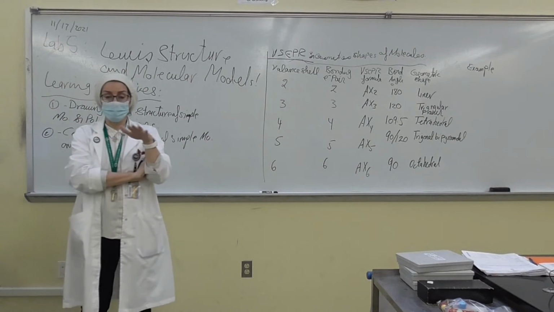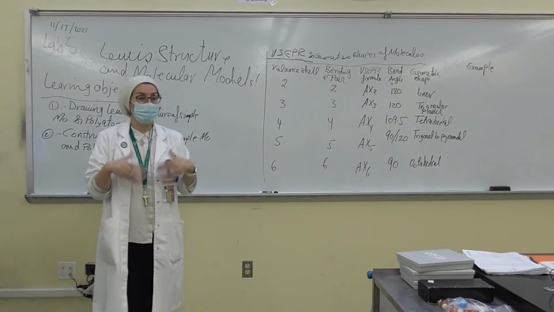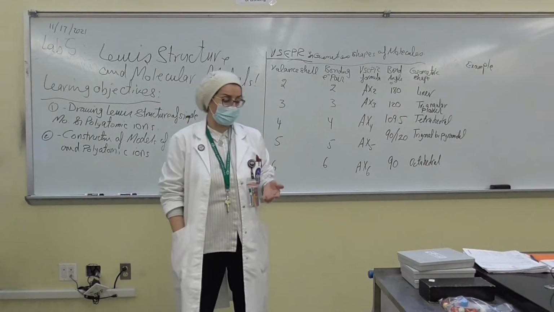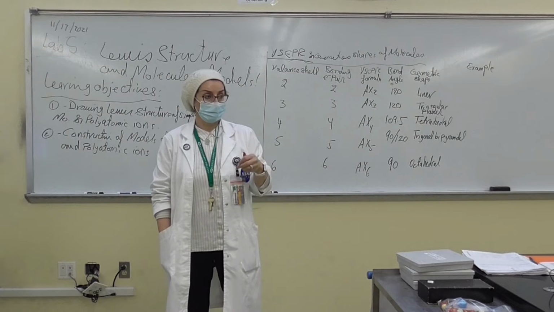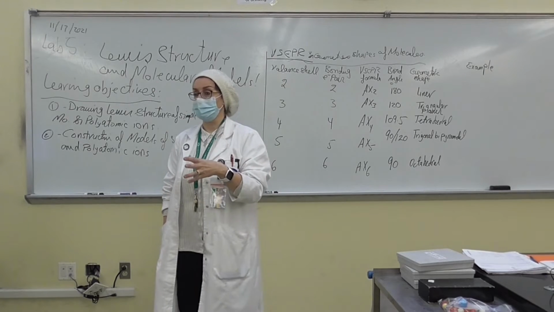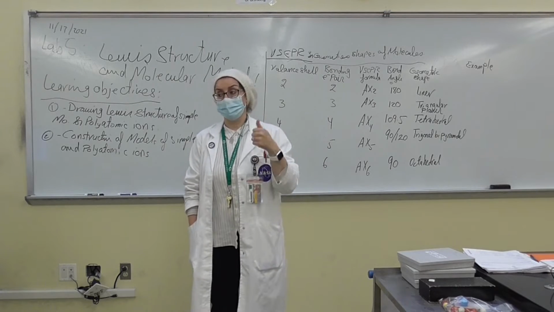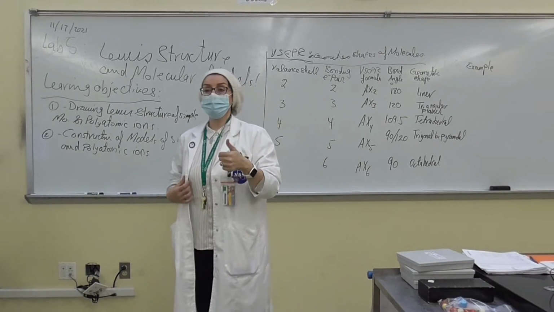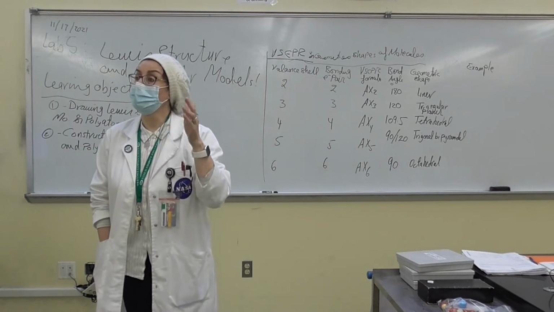Hopefully by the end of today you will have some more insight, and I expect you to be more confident about writing the molecular structure, starting from Lewis. You have to follow the handout that I gave you, which gives you the Lewis structure rules step by step.